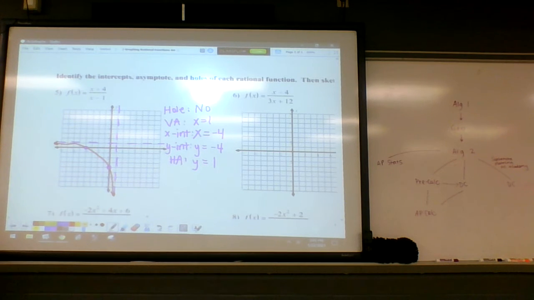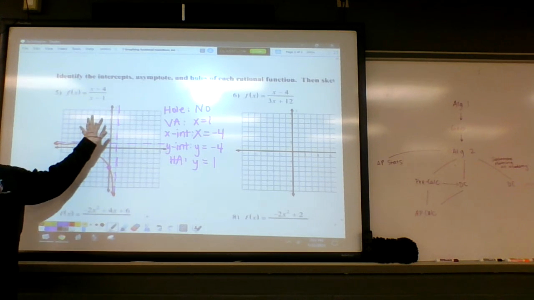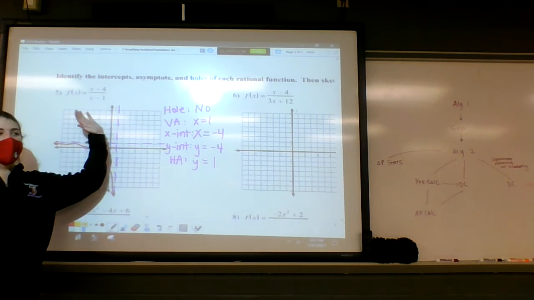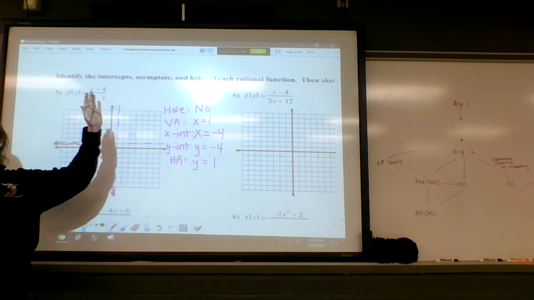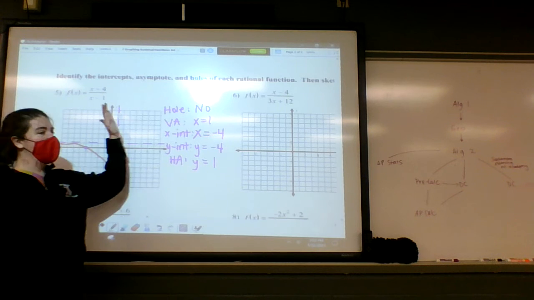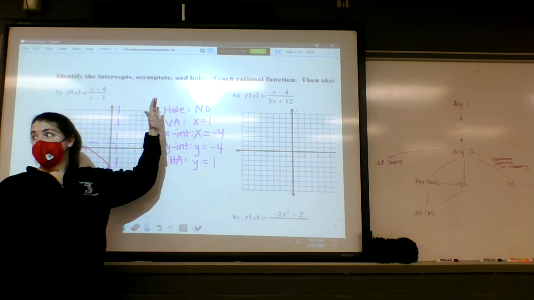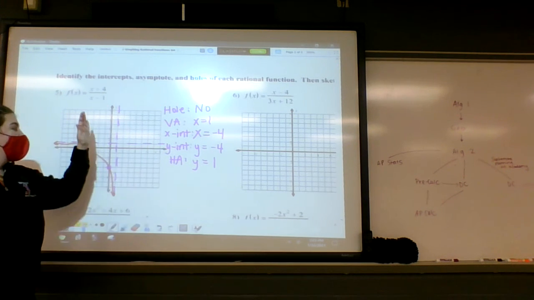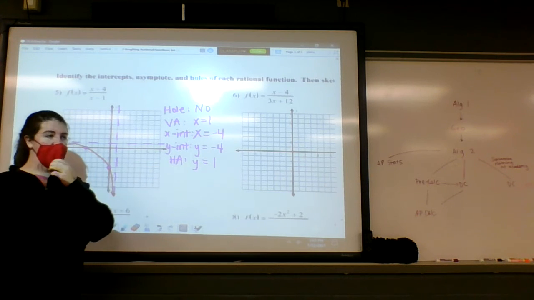That is not the only part of this graph though, okay? That's where these 2 points are, but there's always a graph on each side of your vertical asymptote, okay? So because we have the graph on this side of the vertical asymptote, we now need the graph on this side. Does that make sense? There's always graphs on each side of vertical asymptote.